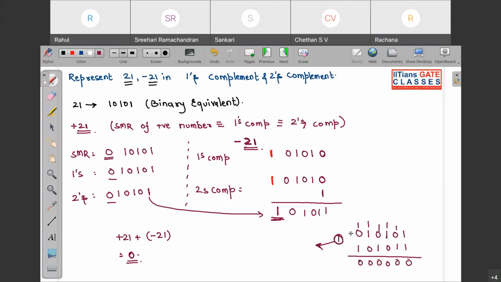Further we are going to see that whenever a carry is generated, this is a positive number, and you can see this number comes out to be 0. So for positive numbers, the representation remains the same, because whenever we add a positive number and its equivalent negative number, the result should be 0.